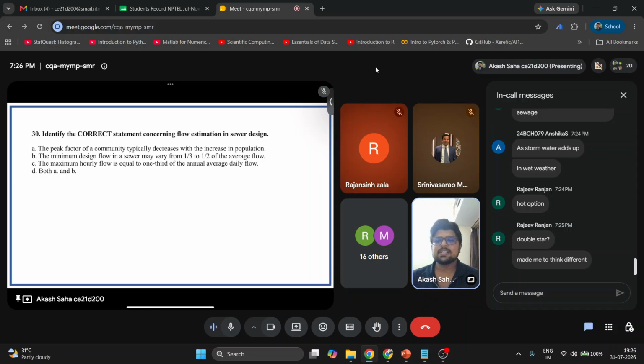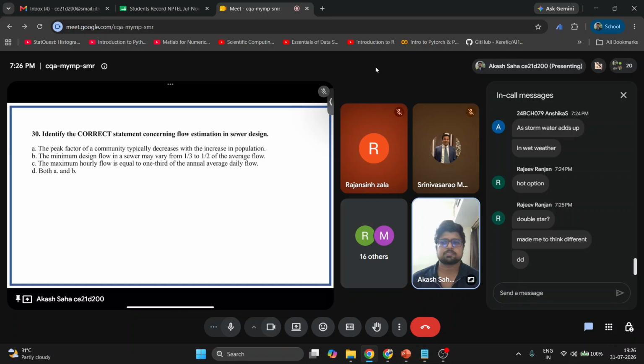Next, identify the correct statement concerning flow estimation in sewer design. A: The peak factor of a community typically decreases with increase in the population. B: The minimum design flow in a sewer may vary from one third to one half of the average flow. C: The maximum hourly flow is equal to one third of the annual average daily flow. D: Both A and B. Which is the correct option?